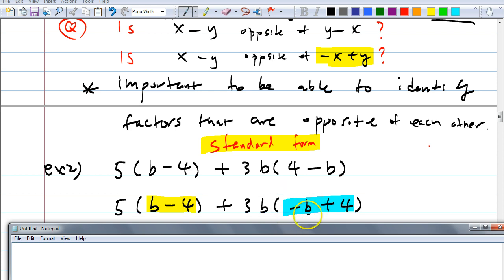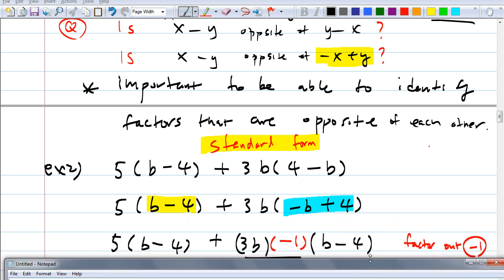Is there a way to rewrite negative b plus 4 as negative 1 times something? Yes, Livy? Negative 1 times (b minus 4). That's right. Isn't negative b plus 4 the same as negative 1 times (b minus 4)? Right, guys? If you don't believe me, how could you check?